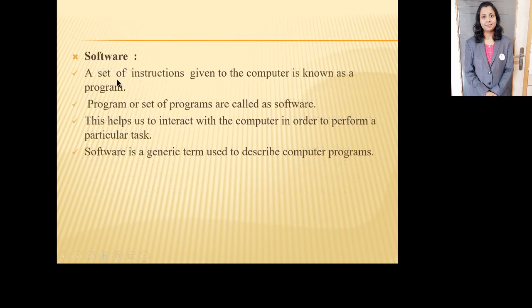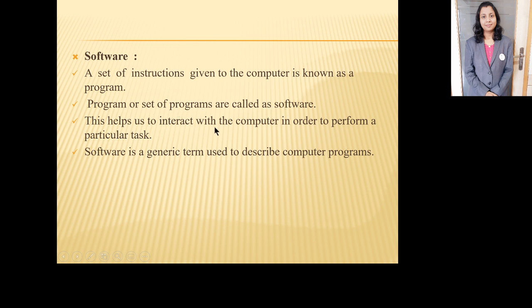What is software? A set of instructions given to the computer is known as a program. Software means the parts which we cannot see, but we need them for the operation of the computer. The user gives a set of instructions to the computer. Those sets of instructions are called a program. A program or set of programs is called software.